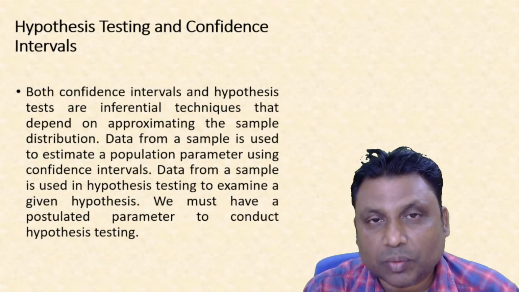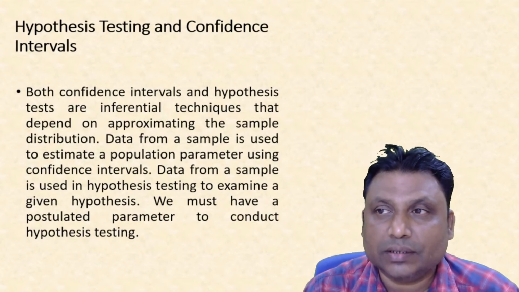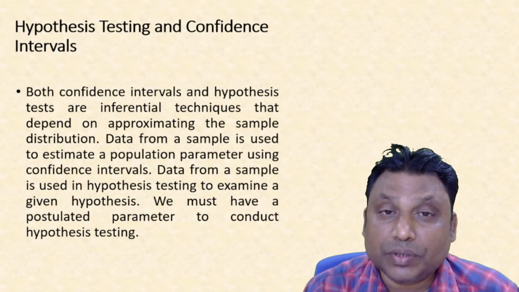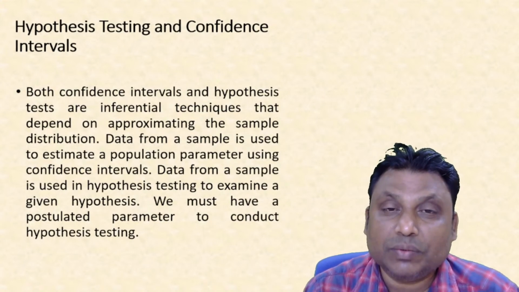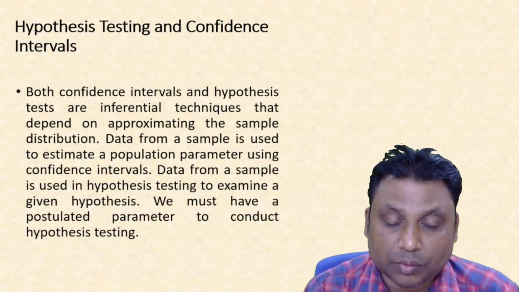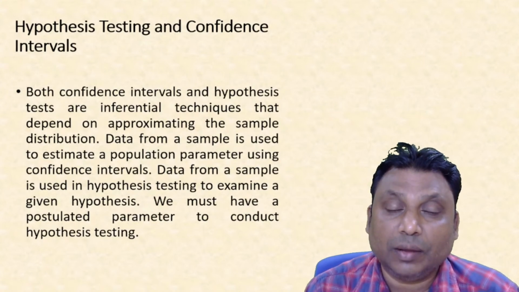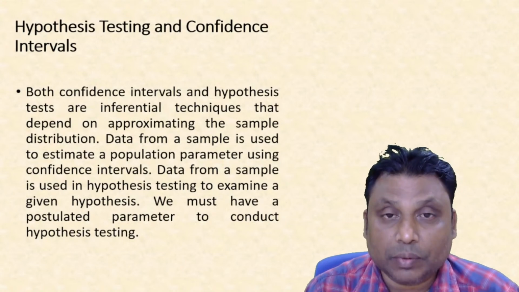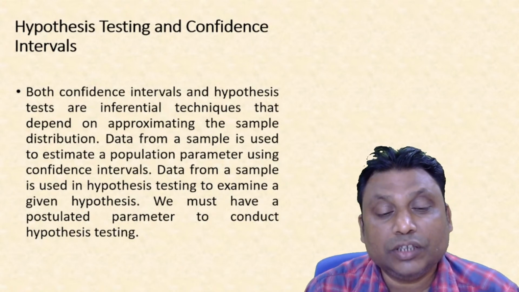One is the confidence interval, and one is called the level of significance. These two are very, very important. Without the help of the confidence interval and the level of significance, we are unable to find the tabulated value from the table.